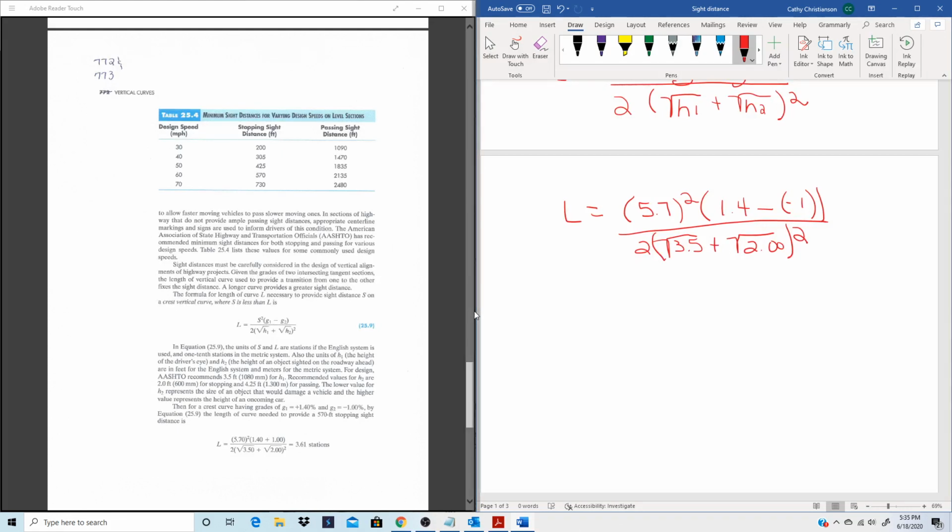So right now, on the top part, I've got 77.976. So I did the 5.7 squared and then the 1.4 minus a minus 1, which is a positive 1, so I multiplied that by 2.4. And then I'm going to do the bottom.